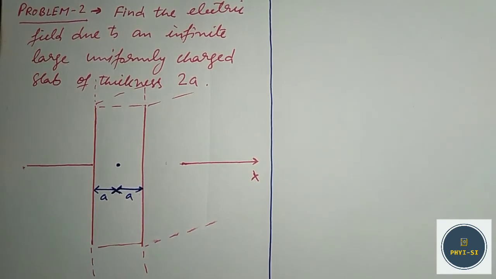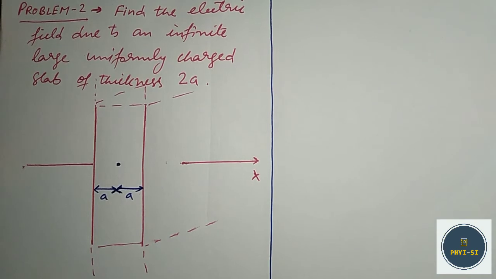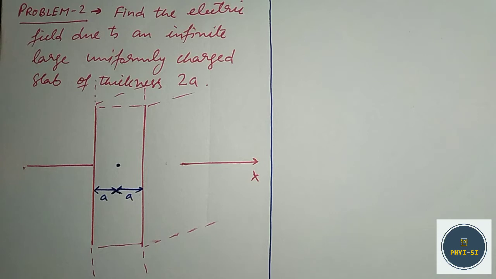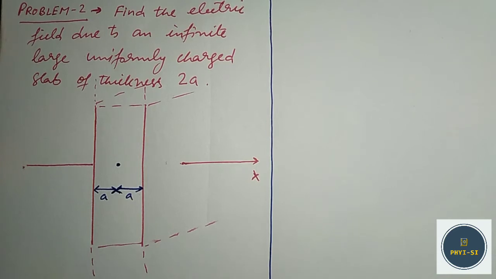In this case we have to find the electric field outside the slab as well as inside the slab. For this type of problem we have a very great tool, which is called Gauss law in electrostatics.